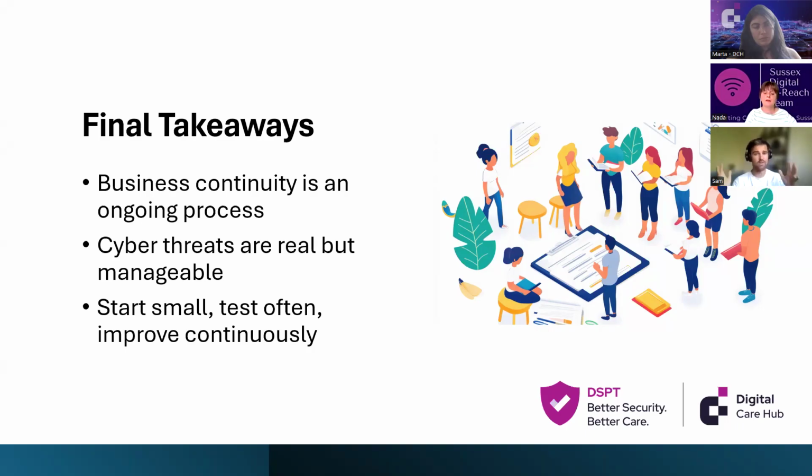Cyber threats are real, but they're definitely manageable. Obviously, there's other threats out there outside of cyber threats that we've gone through. So those other situations that can happen, broken devices, but again, they are manageable provided we have a plan in place. So start off small, that's where I say test it and then constantly improve that process.